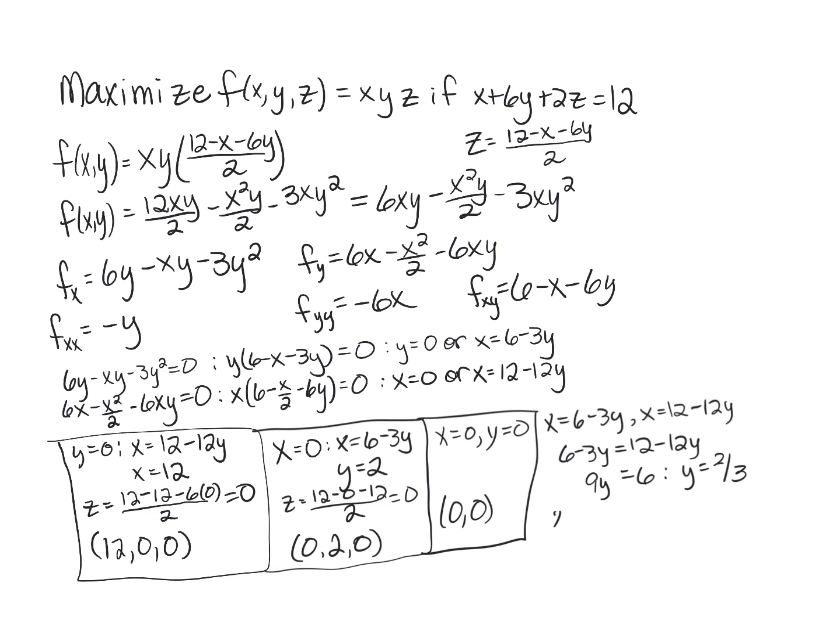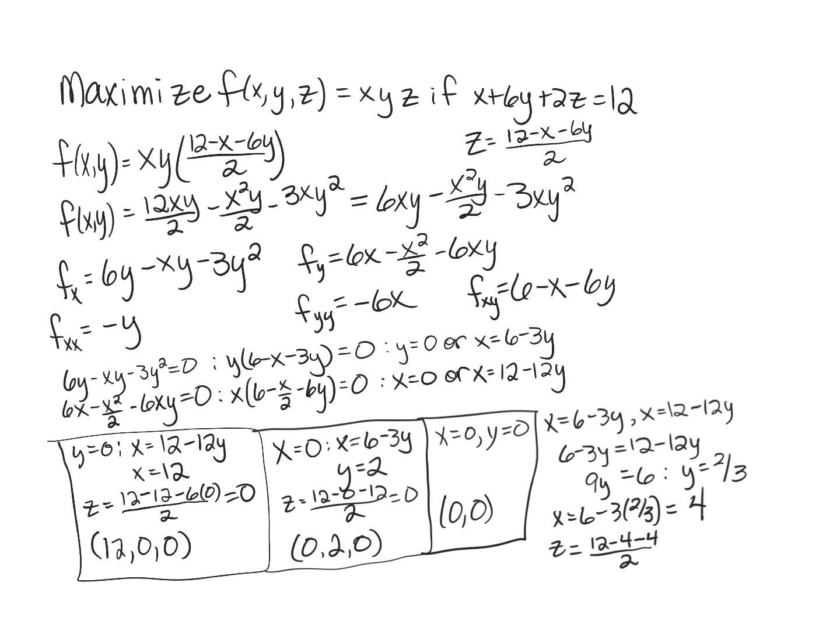Using that 2/3, plugging it in right here, that's 6 minus 2, which is going to give me 4. So now I have x is 4, y is 2/3, going back up to my constraint and plugging in those values. 12 minus 4, minus 6 times 2/3 is going to be minus 4.